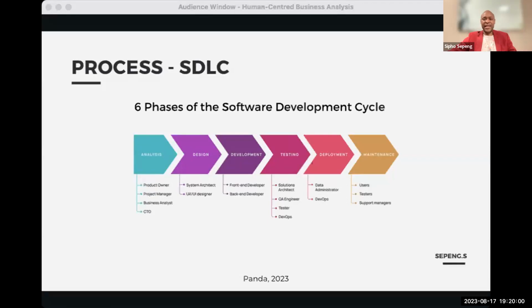SDLC stages cover the complete life cycle of a software, that is from inception to retirement of the product. The purpose of the SDLC is to therefore deliver a high quality product which is as per the customer's requirement.